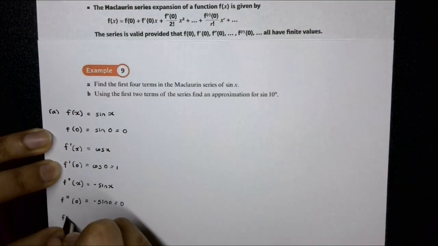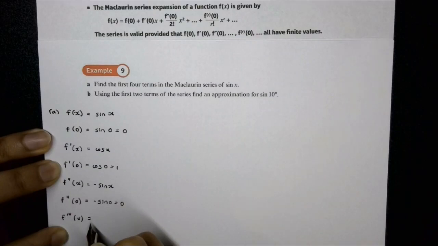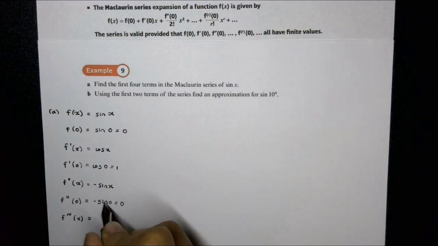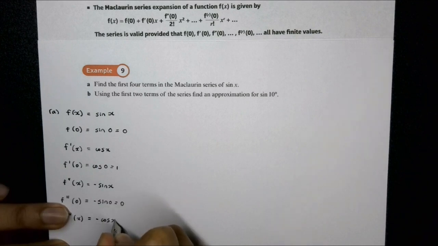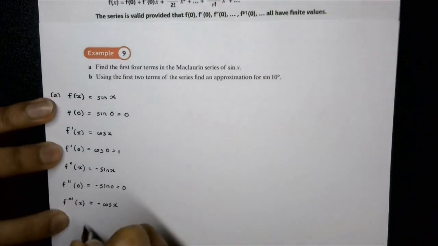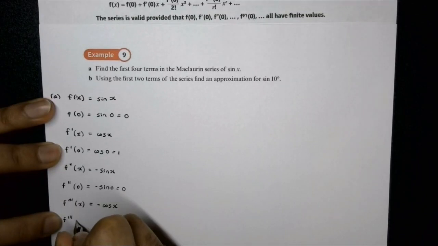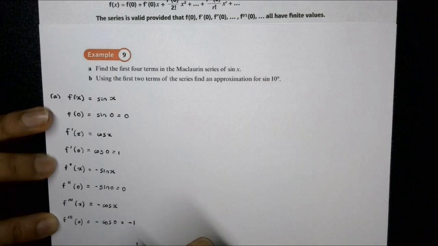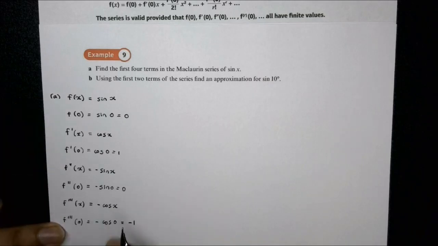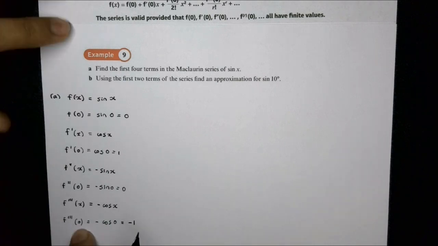If we work out f triple dash of x, differentiating minus sine, you'd find we get minus cos x, and therefore f triple dash of 0, that's equal to minus cos of 0, which is equal to minus 1. Now, we can include the x cubed term, that's perfectly fine.